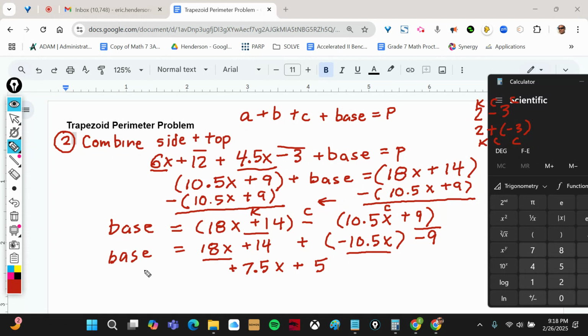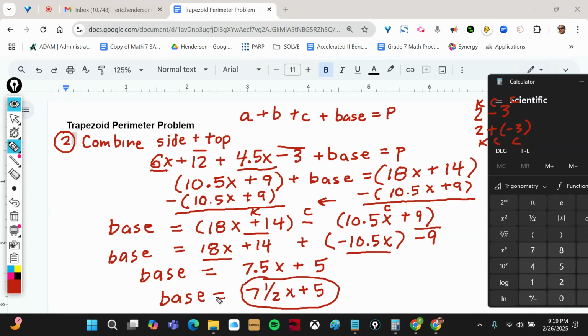Okay. So the base equals, okay, and I'm gonna erase that plus because you don't really need that one. That's it. The base equals 7.5x plus 5, or you can write it as 7 and a half x plus 5. Okay, and that's what I would write it as, because in the beginning, remember we switched it to a decimal, but they originally gave us a fraction. So I would convert it back to the original format.